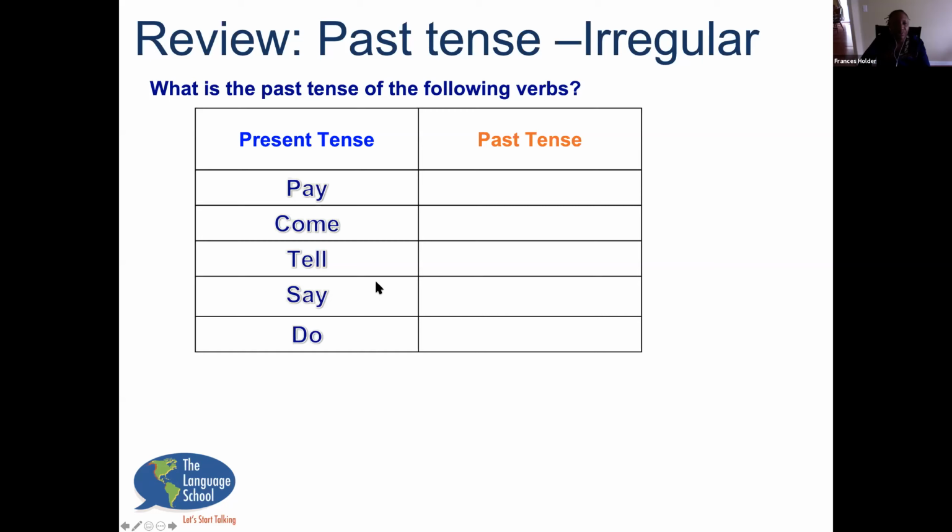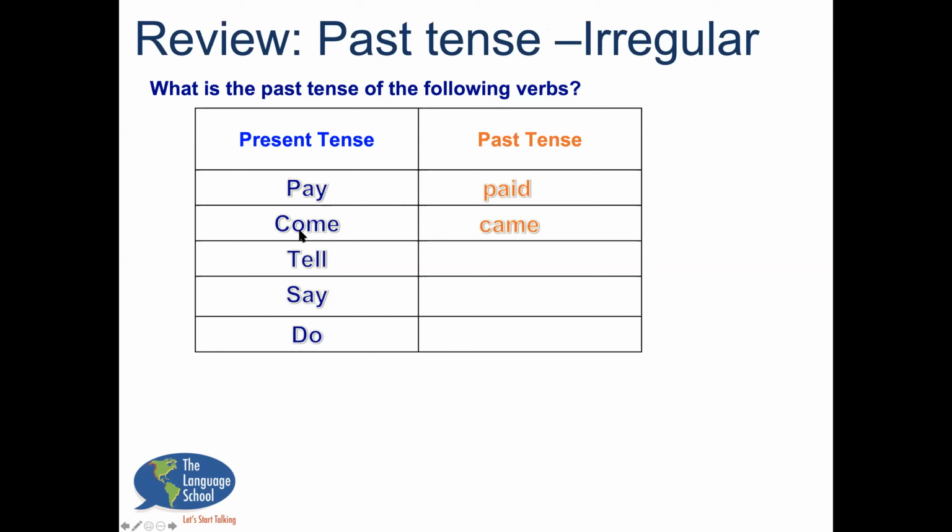Let's review. These are some irregular past tenses. We did these earlier this class. So what is the past tense of pay? Do you remember? Paid. Excellent. Come. Try again. These are irregular. Came. Excellent.